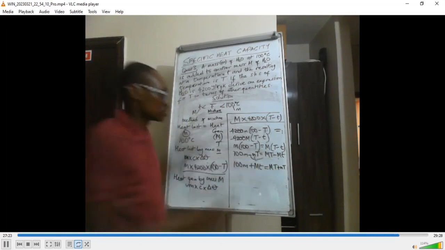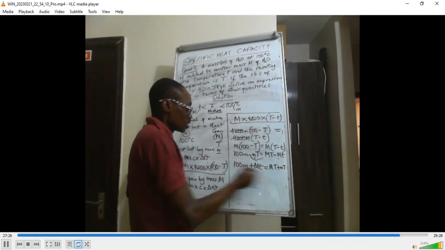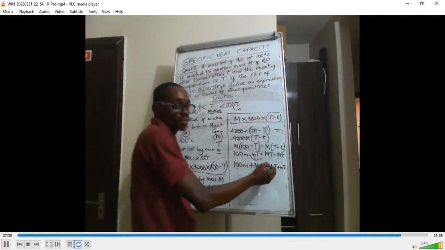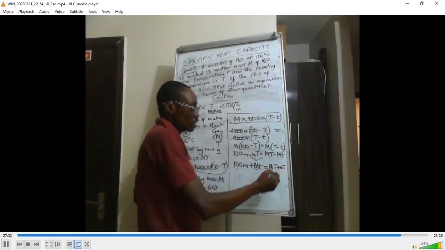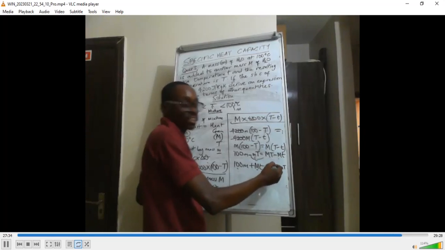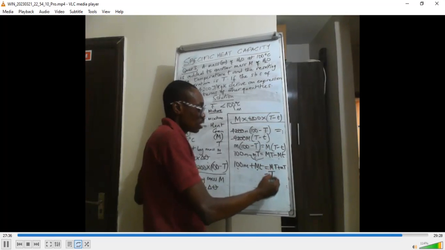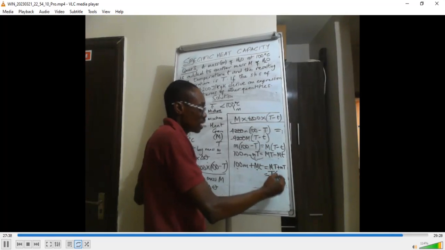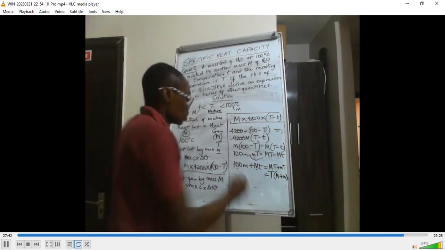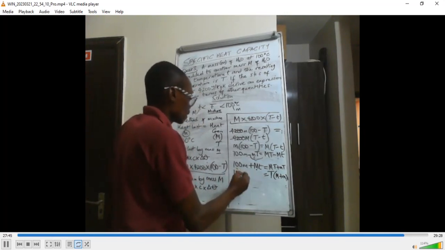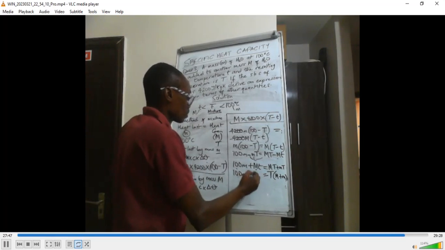So this and these are adding together. At the end of the day, we can factorize out capital T. You have capital M plus small m, so this is 100 small m plus capital M small t.